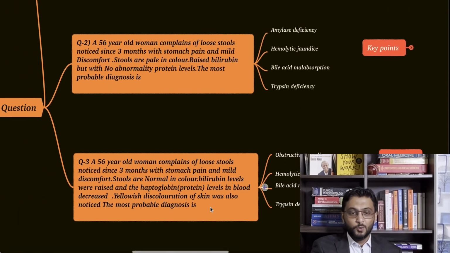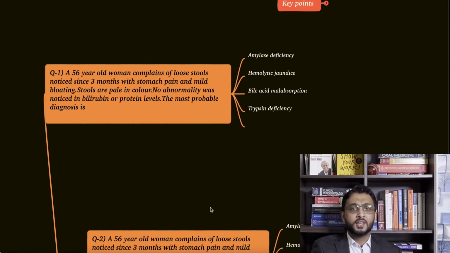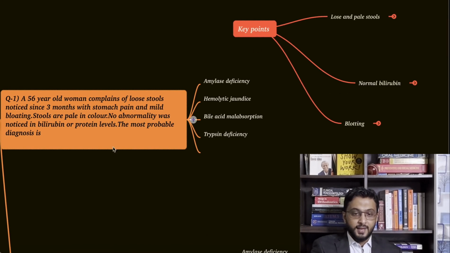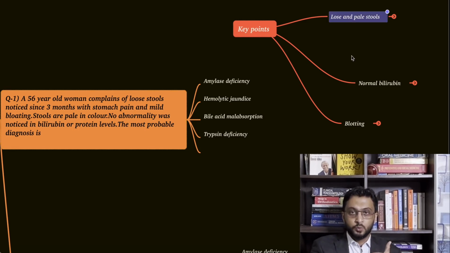So now let's see. If you have not answered it yet, I'm going to give you the key points now. In this particular question, you have to identify the key points. No matter if you are not able to do it now, it's fine. Here the key points were loose and pale stools, that is diarrhea and pale stools.